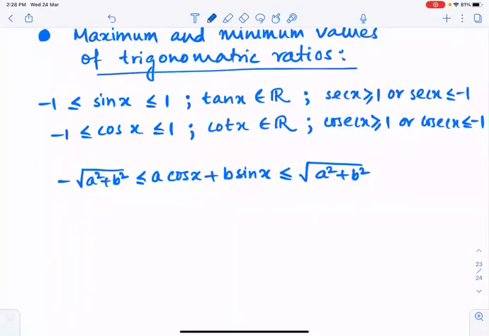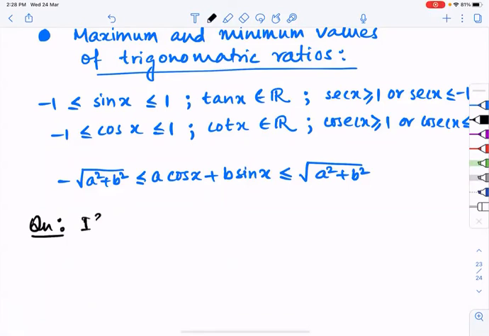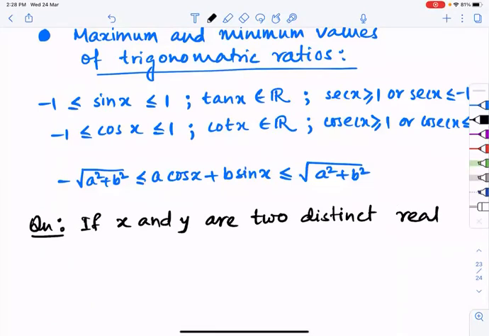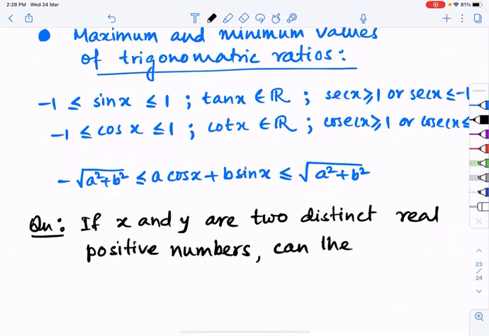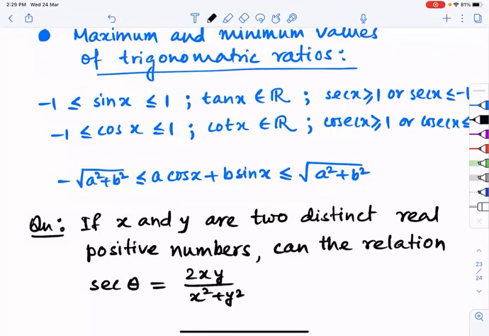Let's take a question here. If x and y are two distinct real positive numbers, can the relation sec theta is equal to 2xy divided by x square plus y square be true?